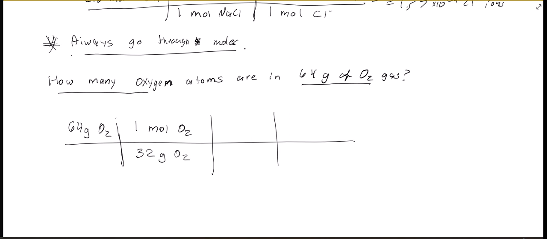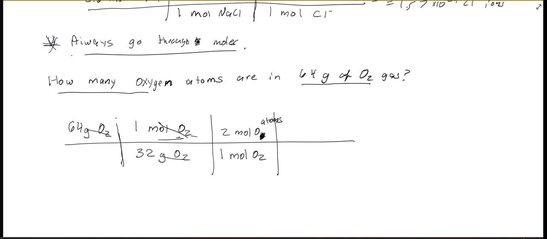Okay, so now I have moles of O2, but I need moles of oxygen atoms, not moles of these oxygen molecules. And so I'll say 1 mole of O2, because I need to cancel moles of O2. 1 mole of O2 is 2 moles of oxygen atoms.